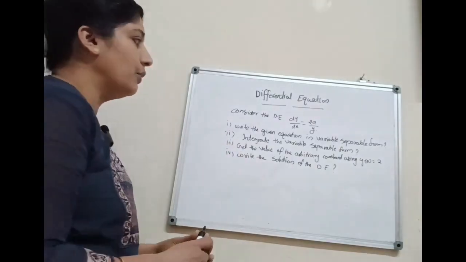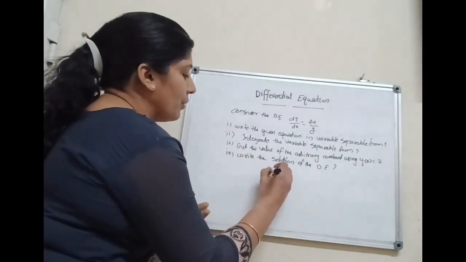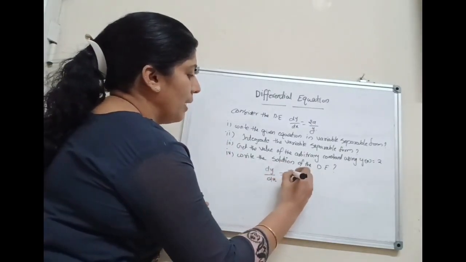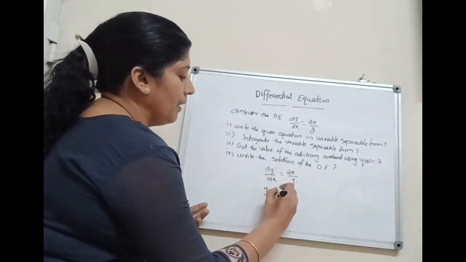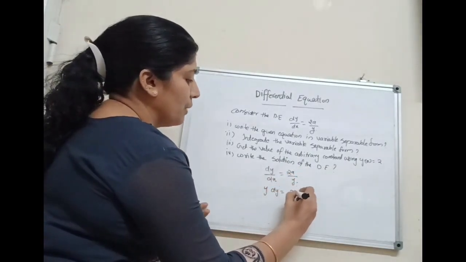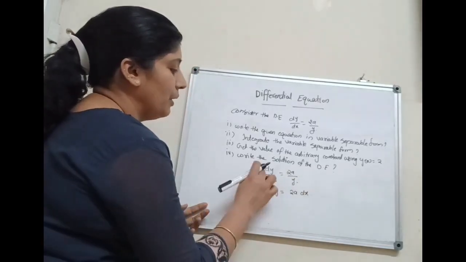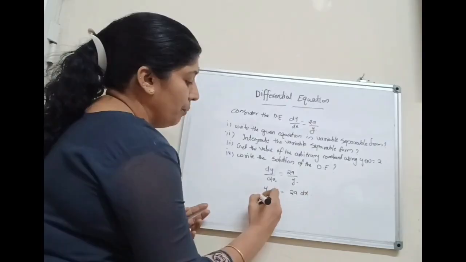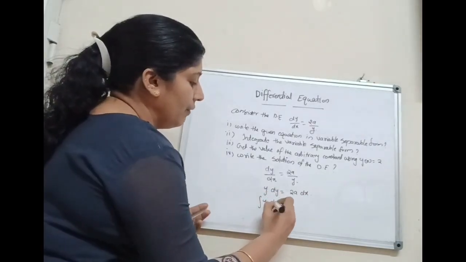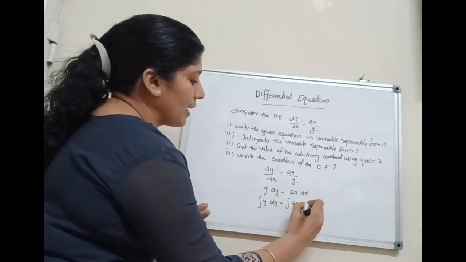Okay. Now, first, dy by dx equal to 2a by y. Therefore, y into dy equal to 2a into dx. Integrate on both sides. Integral y dy equals integral 2a dx.